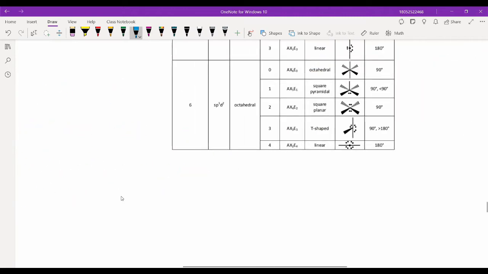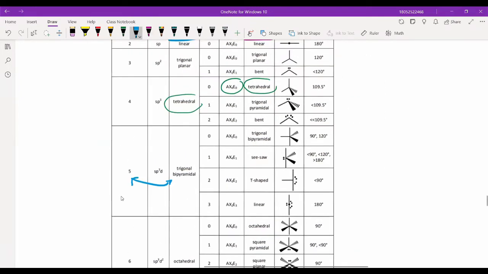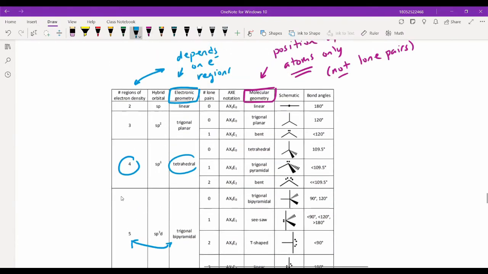So when you look at these, you start to put things together. In the chart, anything where the X and the E add up to 4 would go with tetrahedral for electron regions. And so when we have AX2E2, which we have in this case, the electron geometry is tetrahedral, but the molecular geometry is bent.